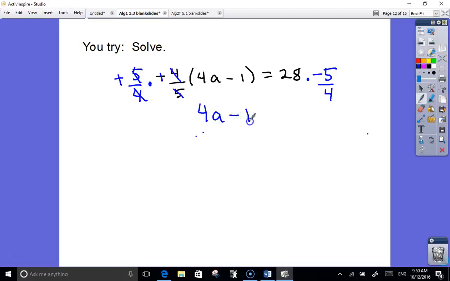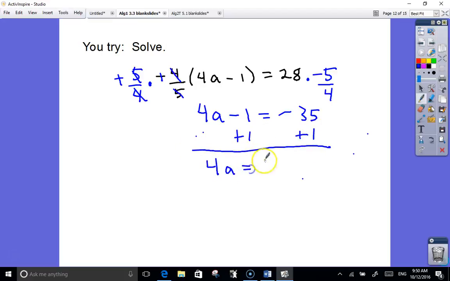Now we've got 4a minus 1 equals, what is 28 times -5/4? Negative 35, right? Everybody should get that because in the end you could just put it in the calculator. Okay, then two-step equation. Add 1. Negative 34. Divide by 4. And that is negative 17 over 2 if you leave it as a fraction, or as a decimal, negative 8.5.